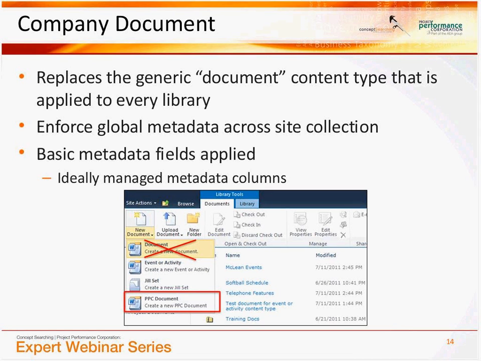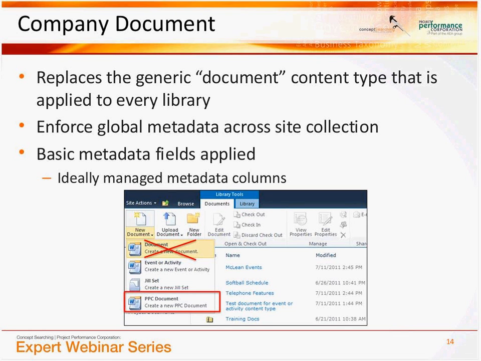So there's not a whole lot of value in that generic document content type. What I suggest here is that you create a more company-specific, more tailored content type for the generic content type that you use in all of your different libraries. And so this can be very simple.